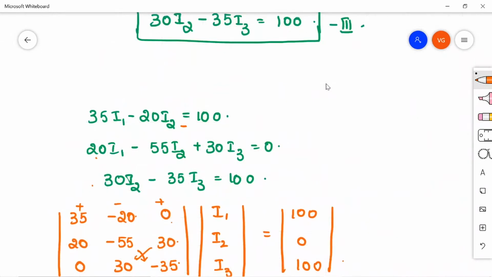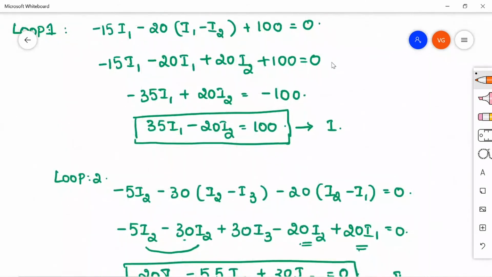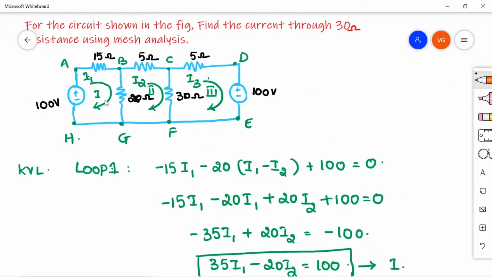So in the question, they have asked you about the current flowing in the 30 ohms resistance. So no need to calculate I1, I2, I3. All the currents no need to calculate, as 30 is involved with I2 and I3. So only calculation of I2 and I3 is enough to find out the current through 30 ohms resistor.